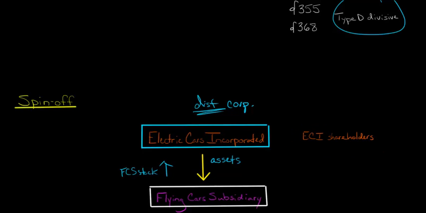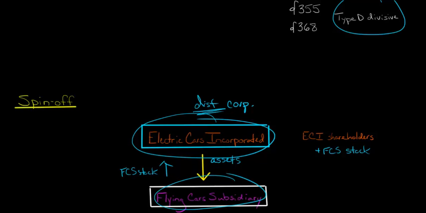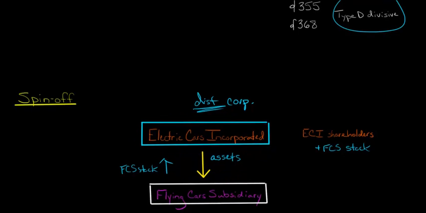So the distributing corporation gives assets to a subsidiary, gets stock back, and then that stock is given to the distributing corporation's shareholders. So now the ECI shareholders own shares in Electric Cars Incorporated, and they own shares in the Flying Cars subsidiary. So that's how a spin-off works.